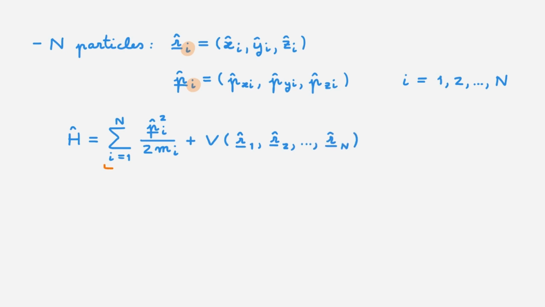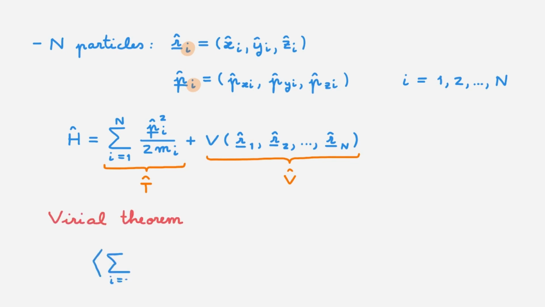Again, we'll conveniently label this term as the kinetic energy T, and this term as the potential energy V. Following the same strategy we used for a single particle moving in 1D, we can write the Virial theorem as the expectation value of this sum over the product of the position operator and the gradient of the potential being equal to 2 times the expectation value of the kinetic energy operator.